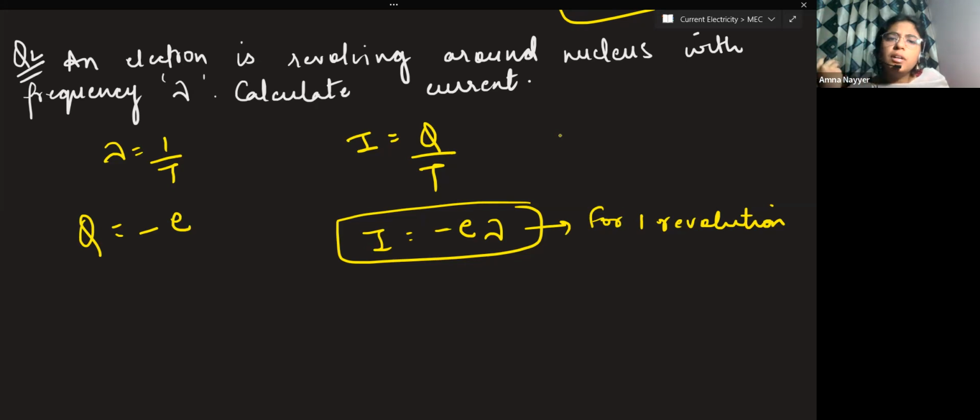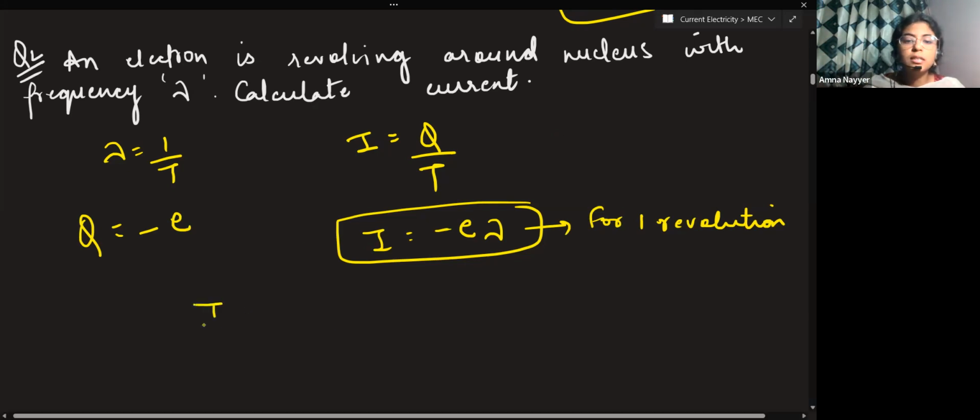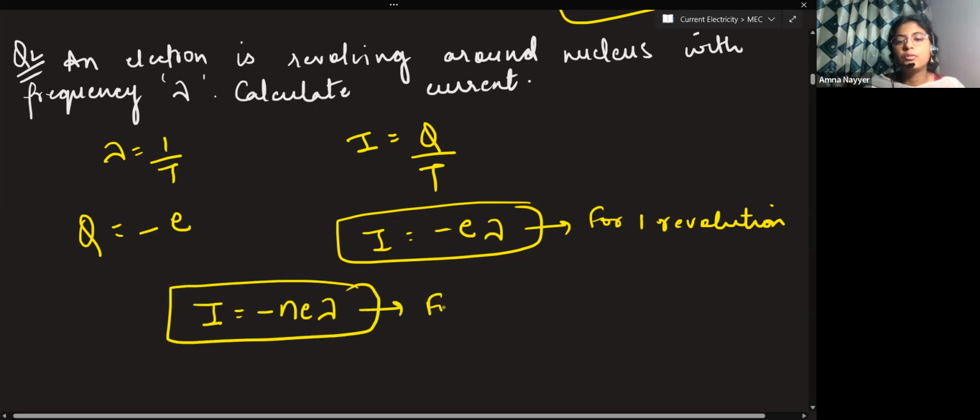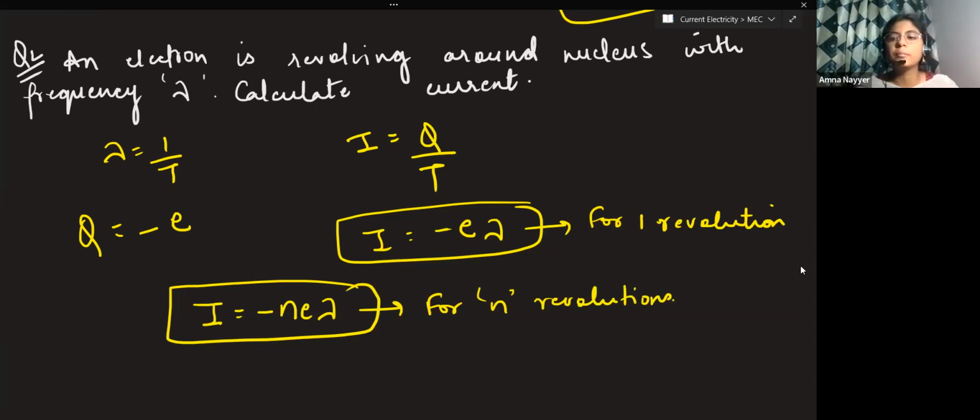If it makes n revolutions, that will be minus n E nu, for n revolutions.